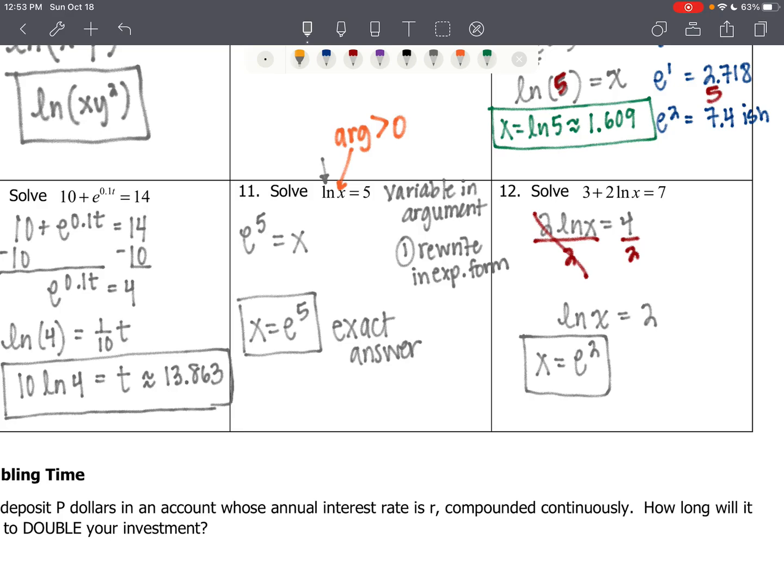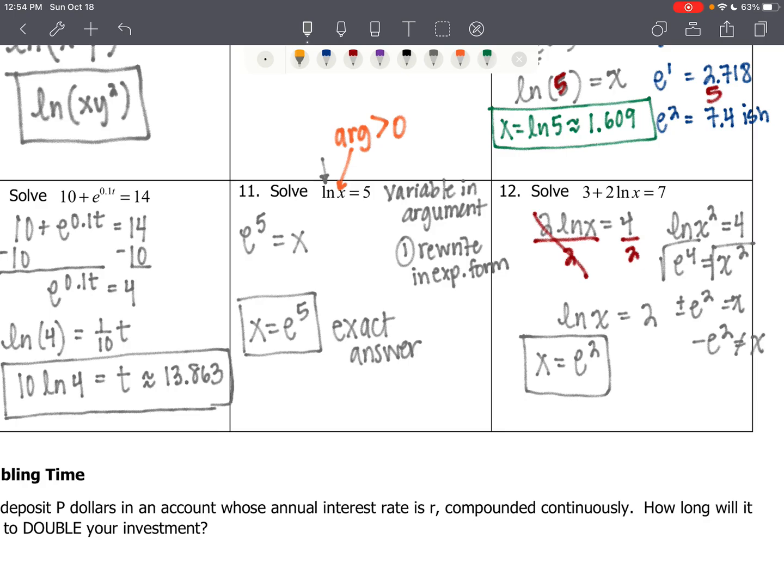Now, had I done, let's just go back to what I was going to do. The natural log of x squared equals 4. Right? And then I was going to say e to the 4th equals x squared. But then I would have had to square root both sides, and I would have had a plus or minus. So x equals plus or minus e squared. How come that negative e squared was not an answer?